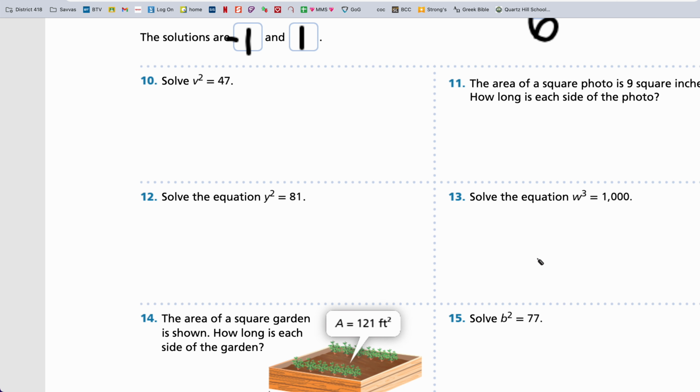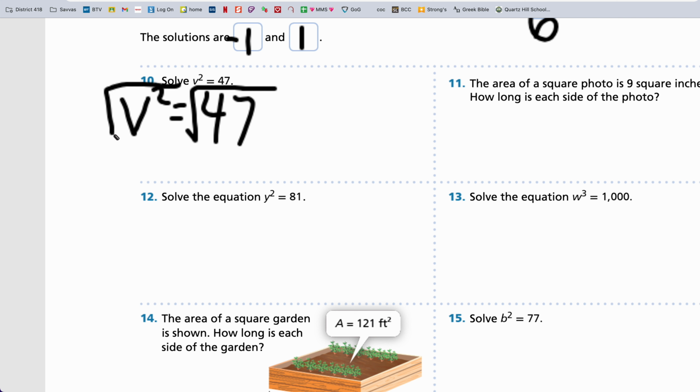Number 10. V squared equals 47. So how do I solve it? Take the square root. So V equals what?